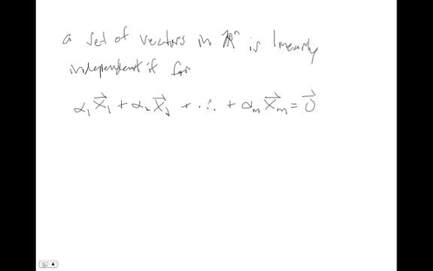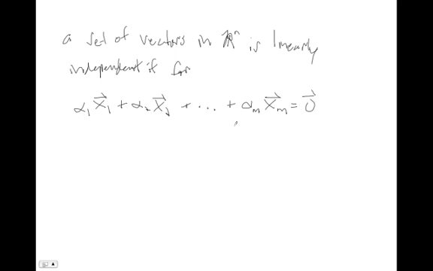So we're talking about vectors, so x1 is an n by 1 vector, x2 is an n by 1 vector, xm is an n by 1 vector, and there are m of these vectors. And that m could be 1, it could be 3, like I've drawn it here, but I have m of these vectors, and each one of these vectors I'm multiplying by a scalar, just some constant, and then I'm adding the resulting vectors together.